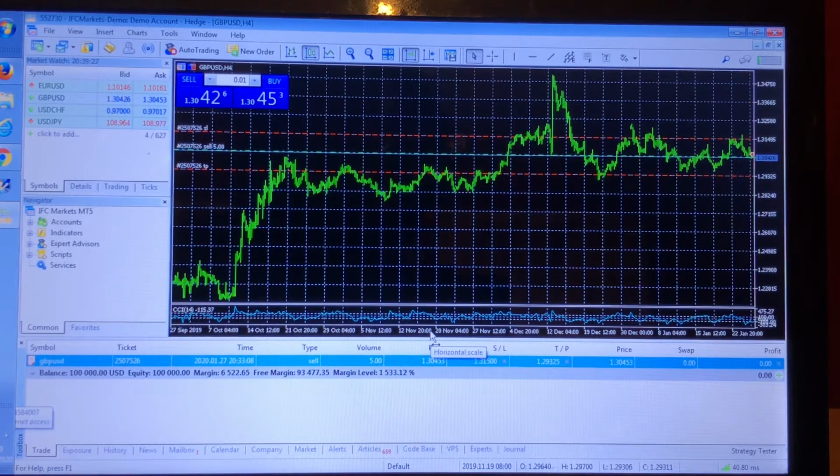So it's done exactly nothing. We've got the balance and equity exactly the same positions. It's not sure whether to go up or down at this precise moment.